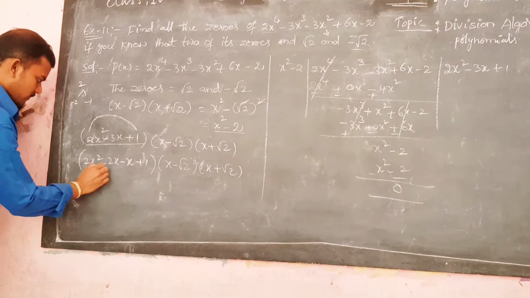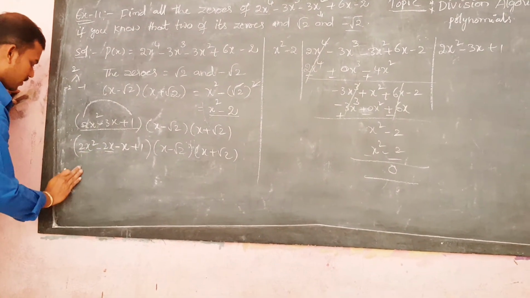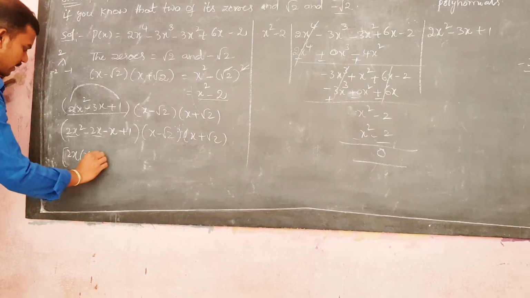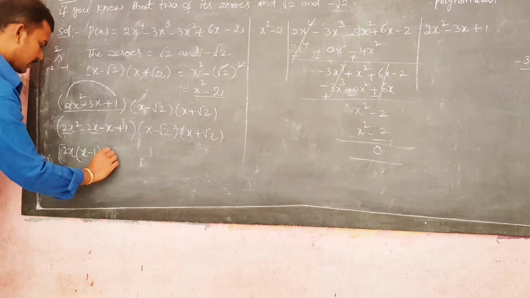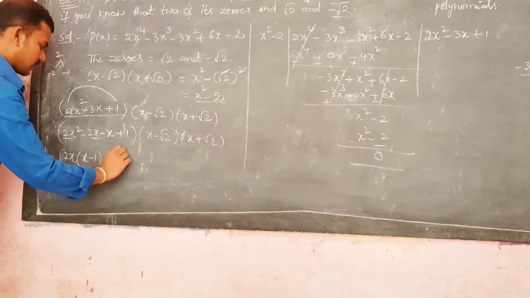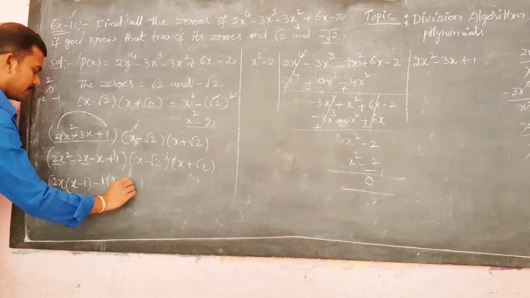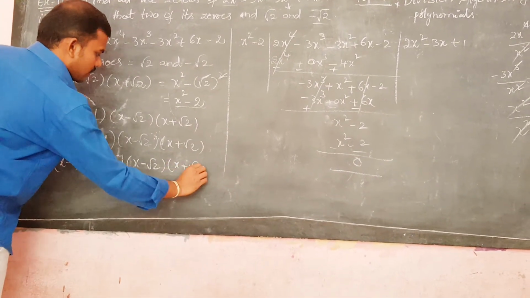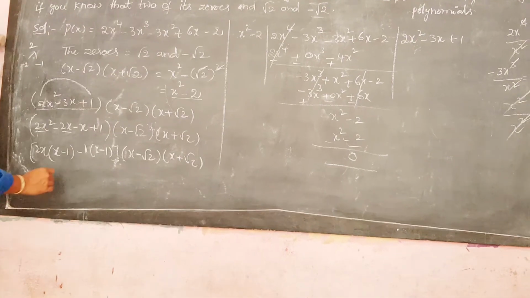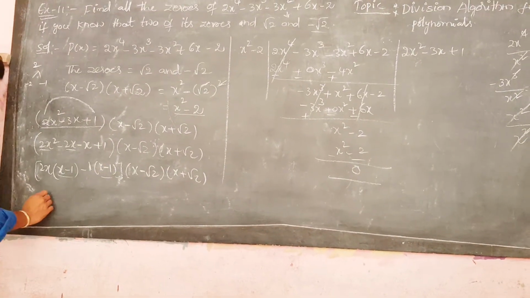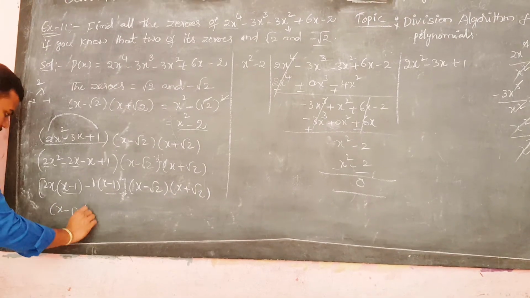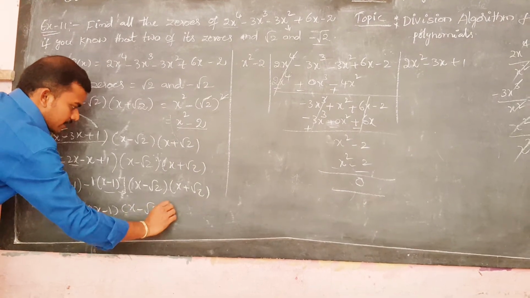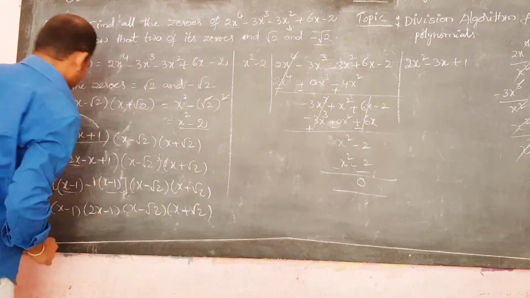Here take 2x as common, remaining is x, and here minus 1. Take minus 1 as common, we get x minus 1. Again x minus 1 is common, remaining is 2x minus 1, into x minus root 2 into x plus root 2.